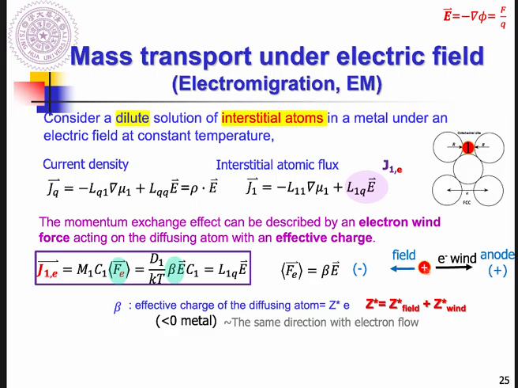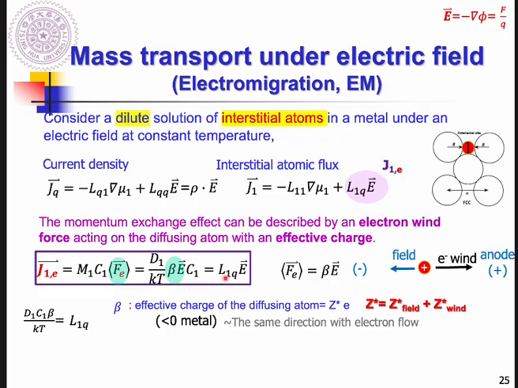So the interstitials will probably move toward the right-hand side, which is the same moving direction as the electron flow. So as long as you find that beta is negative, it means the interstitials move in the same direction as the electron flow. So as we mentioned, the sign of this beta can tell you the moving direction of these interstitials.